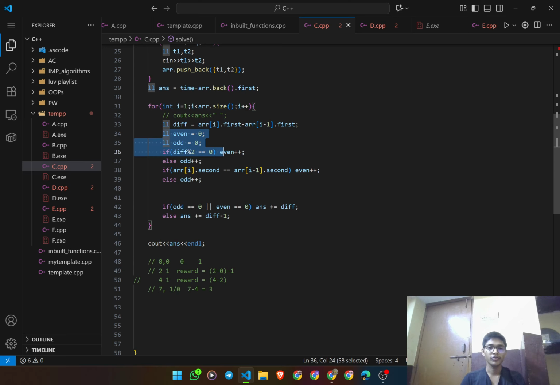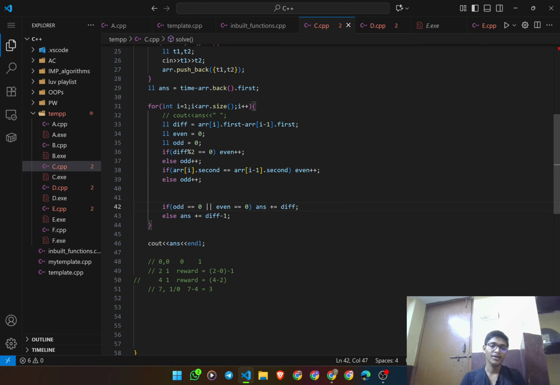Then we will find out how many are even and odd, when this difference, 2 minus 0, is even, and this 1 minus 0 is also even, then it will add both. When the odd is 0, then even will be 2. When even will be 0, then odd will be 2. So this is the simple logic I have done.